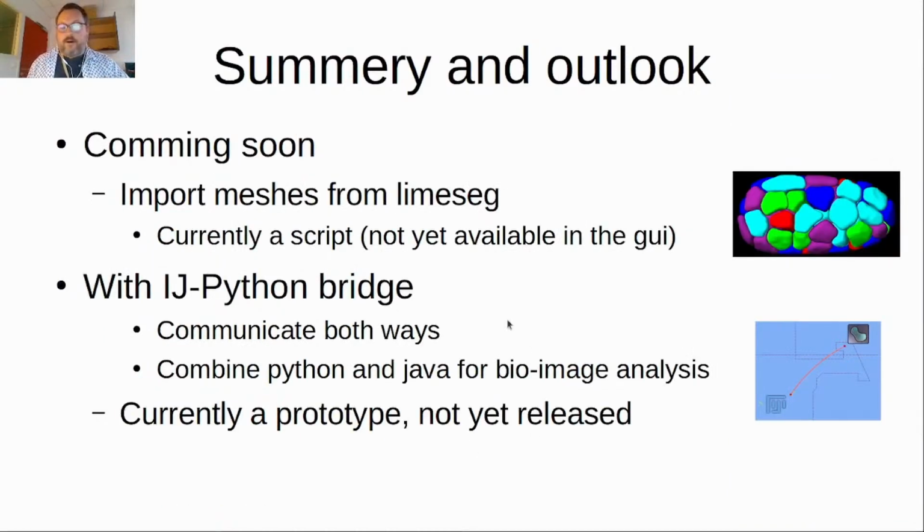So for the import of the meshes from LimeSeg, we just have a little script for this, but we will soon add this to the graphical interface. And for the Python bridge, the ImageJ Python bridge, which will allow communication both ways, we have a prototype that works very well, but we still have to do some work on it to get a proper release.